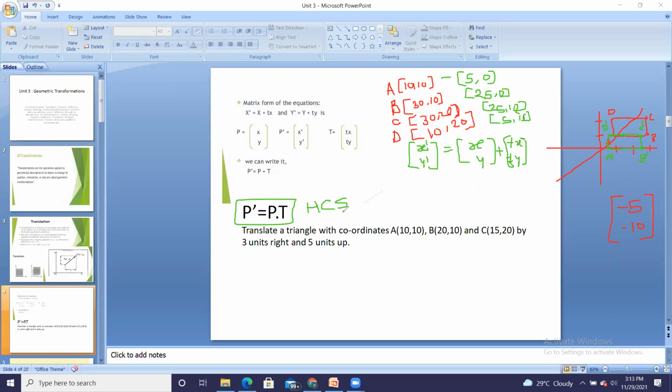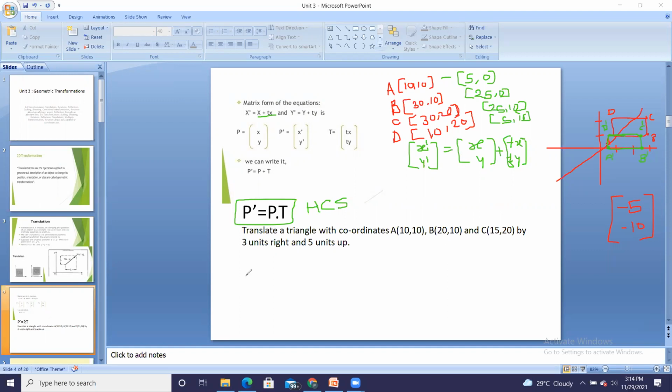So only remember that we have to perform addition, isn't it? Here x is changed into x plus tx. Your original x has been changed into x plus tx. So we have to write a translation matrix in such a way that instead of multiplication, I should get addition.